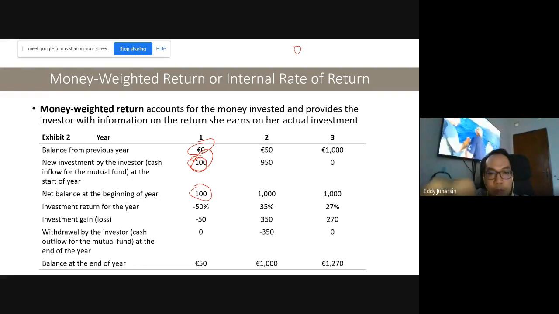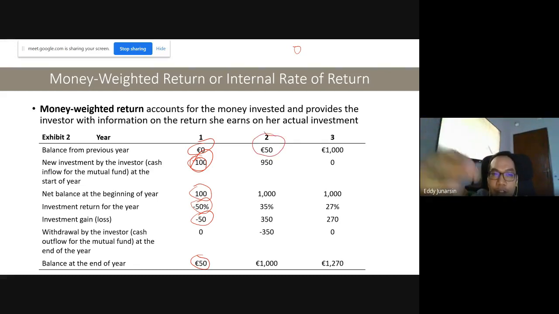So investment return for that is minus 50%. So obviously now our money has dropped to 50. We lost 50, whatever, $50 or 50 million. So the balance at the end of year one is 50. When we start year two, we start with 50.